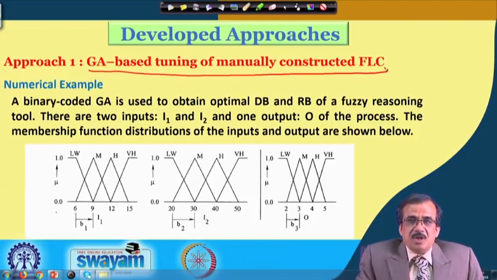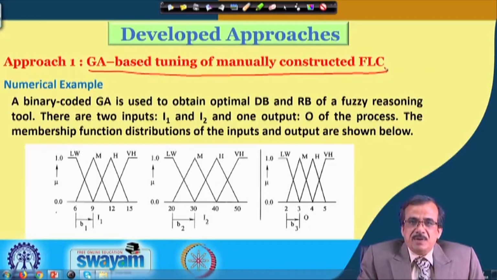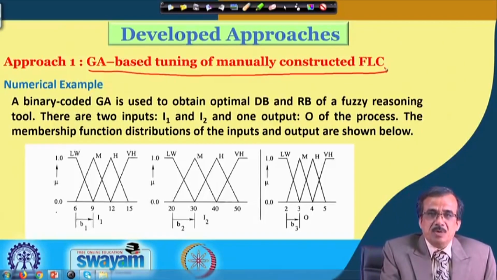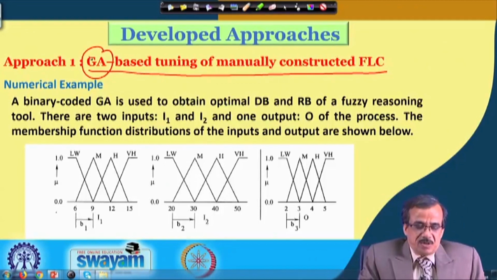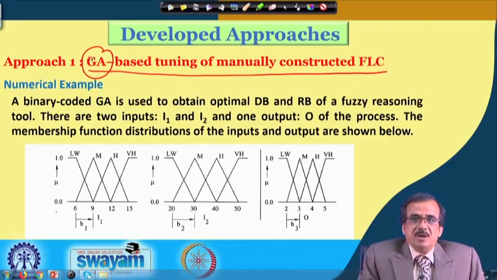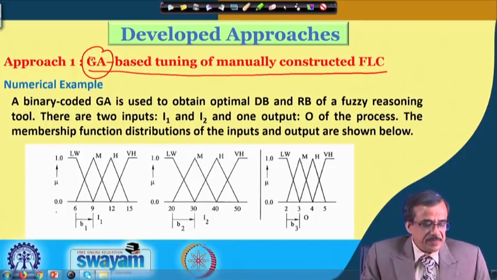Based on the information we have, we design manually first, but that may not be optimal in any sense, and after that we take the help of an optimizer, say genetic algorithm, so that we can find out the optimal knowledge base for this fuzzy logic controller.